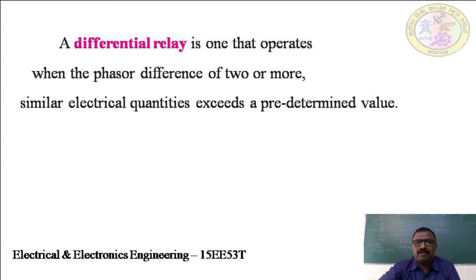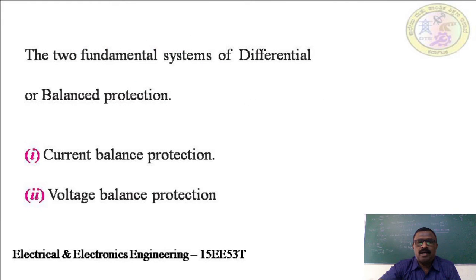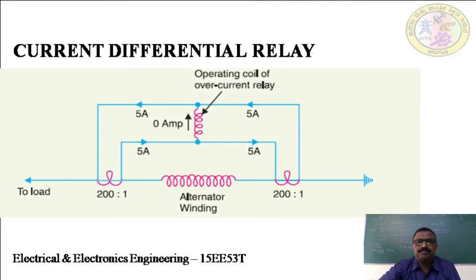If it is less than the predetermined value, that is, the pickup value, the differential relay will not function. If it is more than the preset value, the differential relay will operate. The fundamental system of differential protection is also called balanced protection. One is current balanced protection and the other is voltage balanced protection.